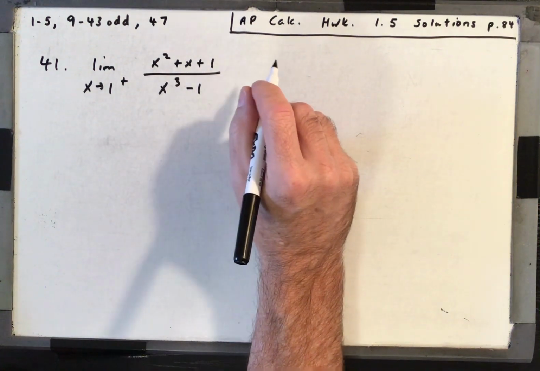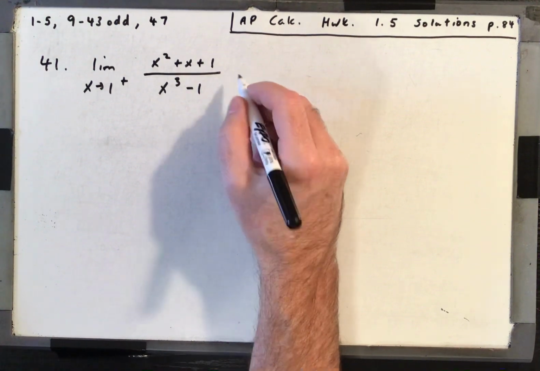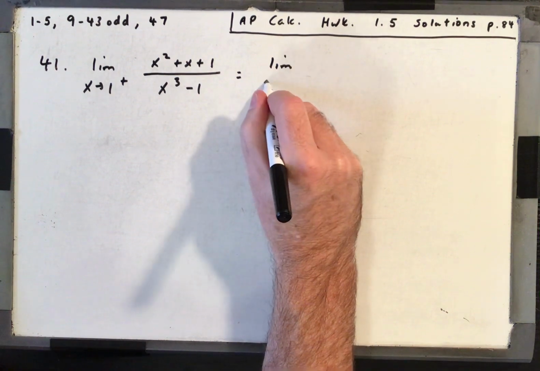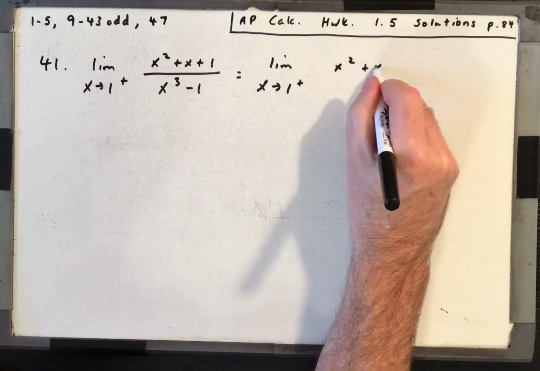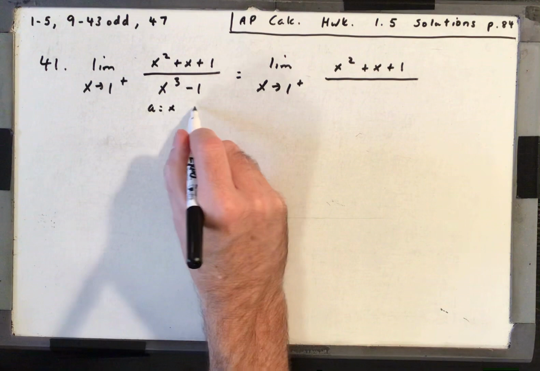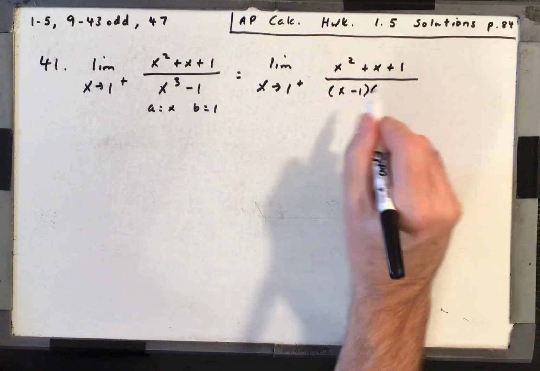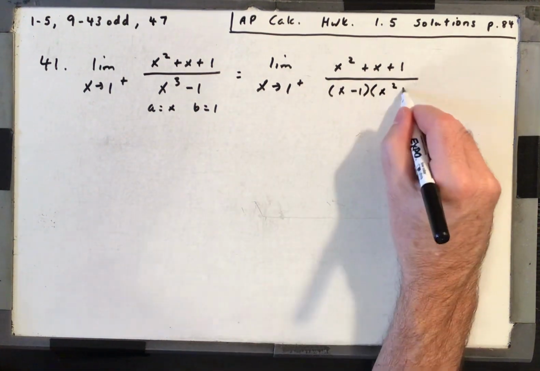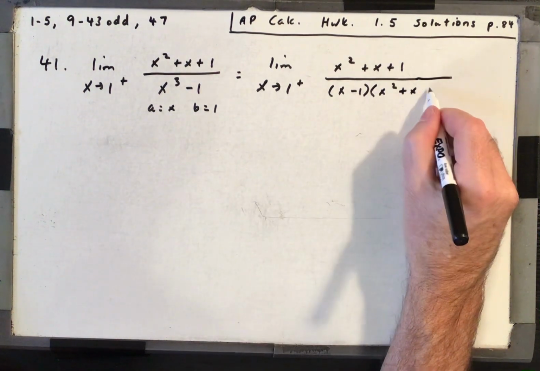Okay, so we can factor the bottom, and let's see if something happens. The top won't factor. But this is a difference of cubes where a is equal to x and b is equal to 1. So it's x minus 1 times a squared, x squared, plus a times b, so plus x, plus b squared, which is 1.